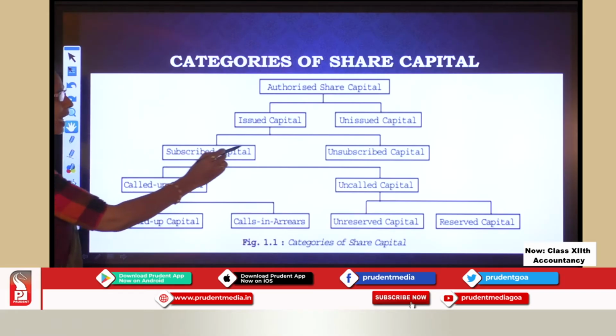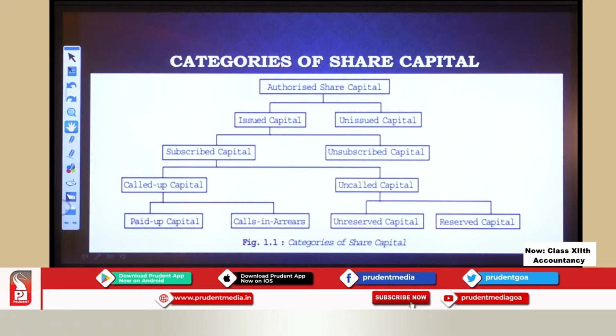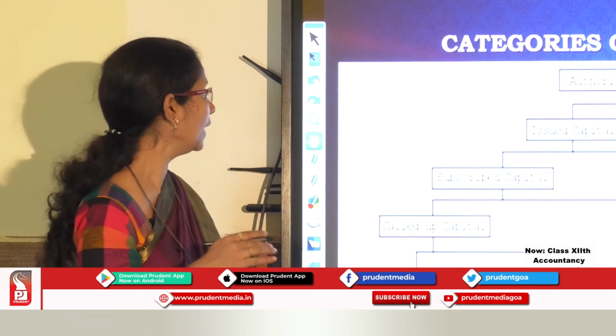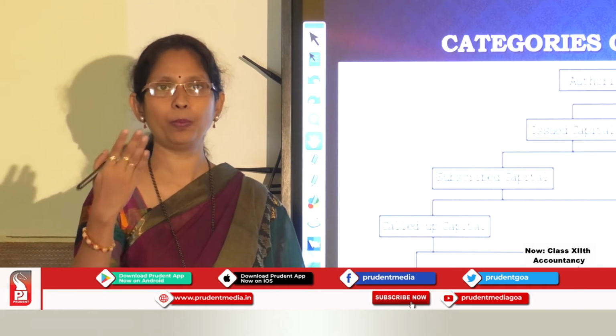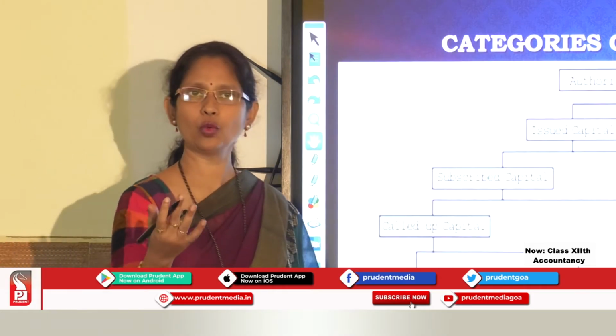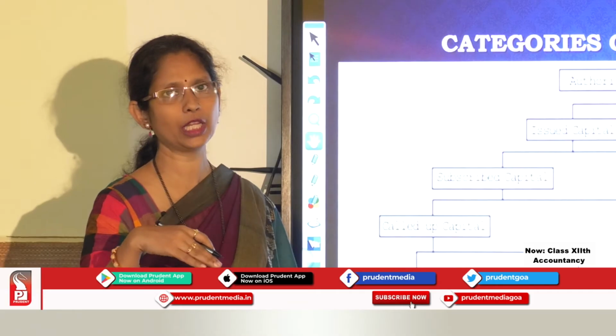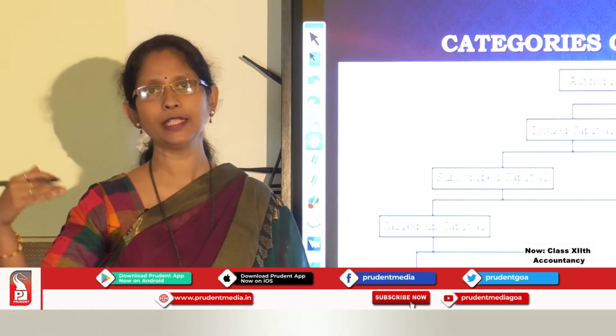So nobody has asked for this share. So that is unsubscribed share capital. Next, now subscribed share capital. I have received applications, people have asked for these shares, then I will decide to ask them to pay me the amount. See, the company has got a choice whether to ask to pay full amount with application, or the company might collect the amount in stages.